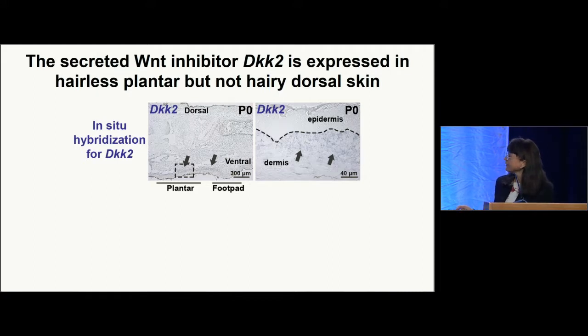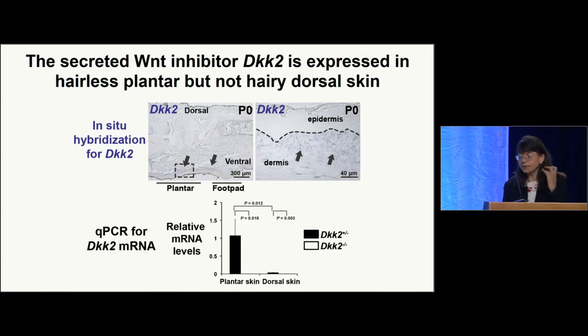And in the higher magnification picture, you can see that DKK2 is expressed at high levels in the dermis of plantar skin. And we confirmed this also at the RNA level using quantitative PCR that showed much higher levels of DKK2 mRNA in plantar versus dorsal skin.